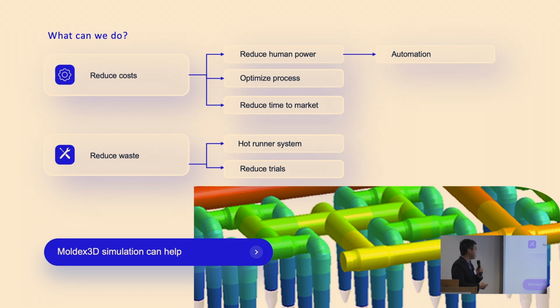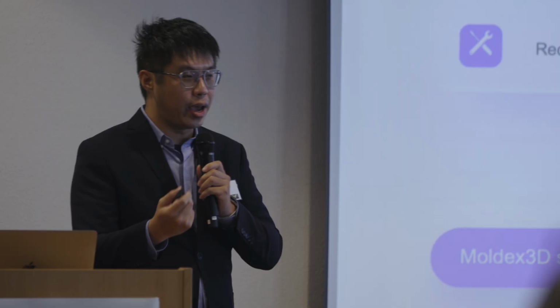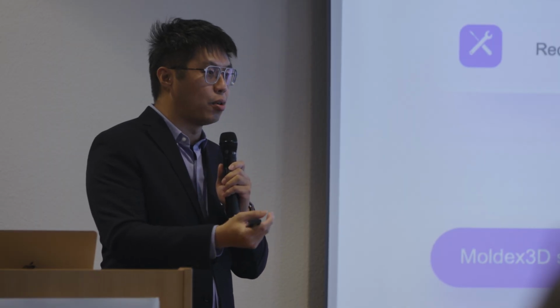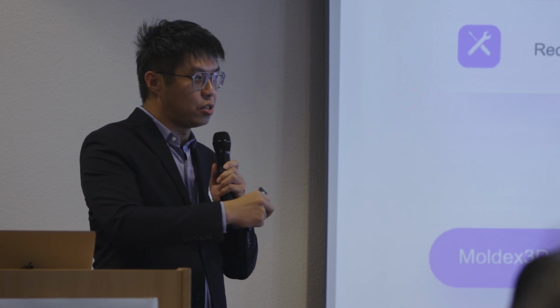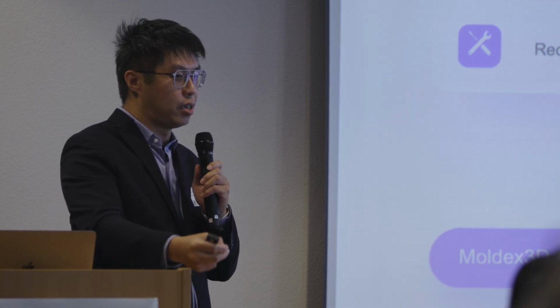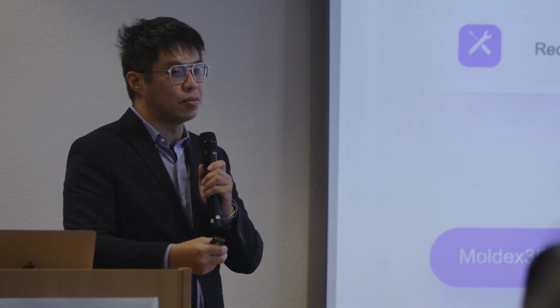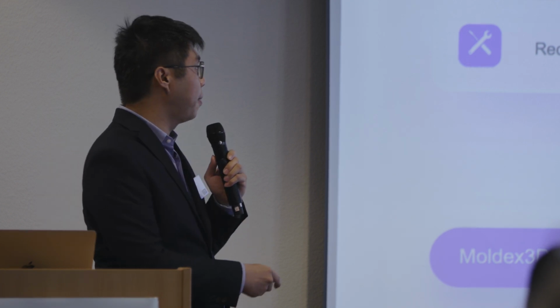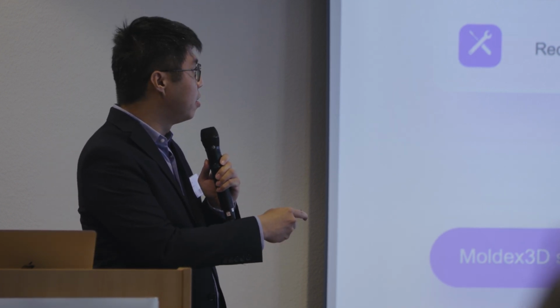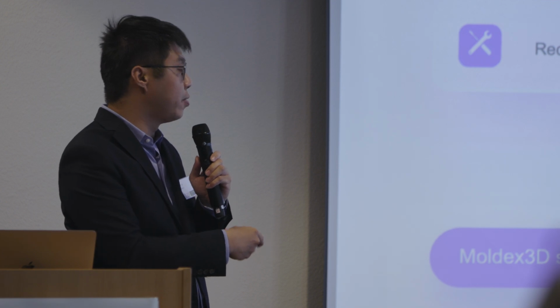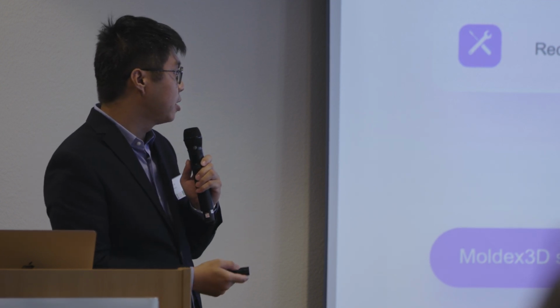We can also help optimize the process itself before you get to the machine. If you can get a closer process before you get to the machine, then you will have fewer iterations on the machine. Together, these can reduce the time to market for your product.